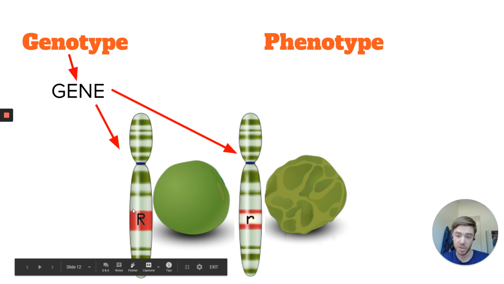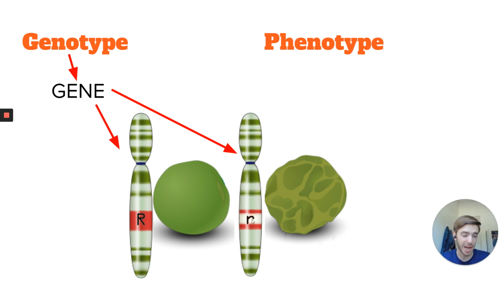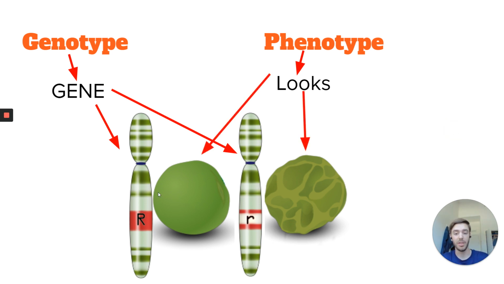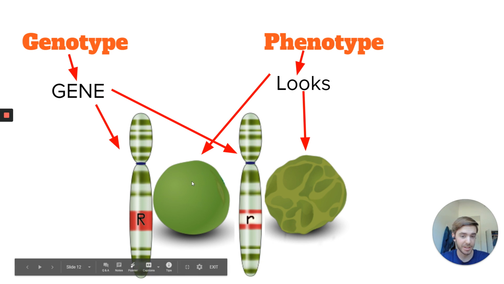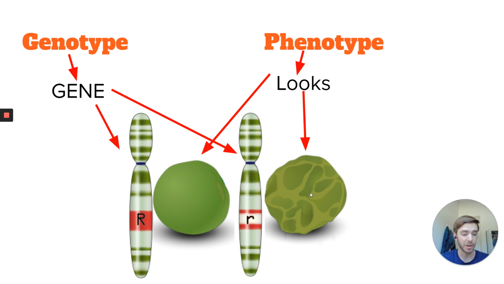It has a certain marking on the DNA, a certain gene. This one with the wrinkled layer has a different marking on its DNA. That's their genotype. It is the instructions on the DNA. Now your phenotype is just how that seed actually ends up looking. So the seed's phenotype, you can see it's smooth. The seed's phenotype, you can see it's wrinkled.